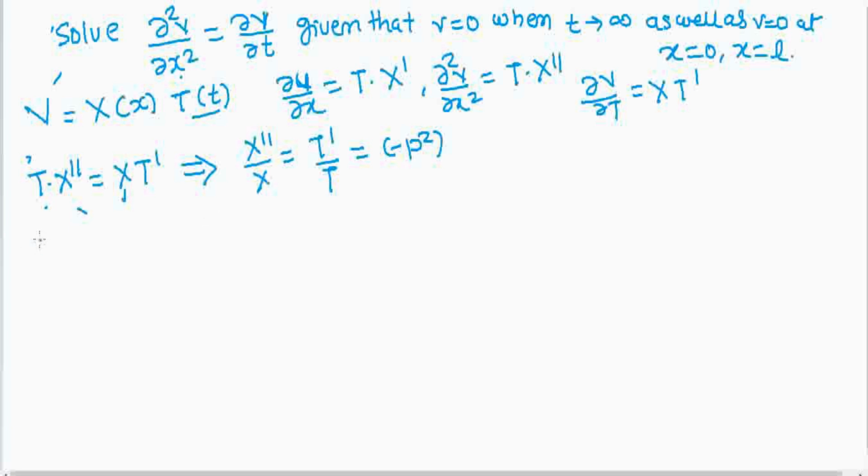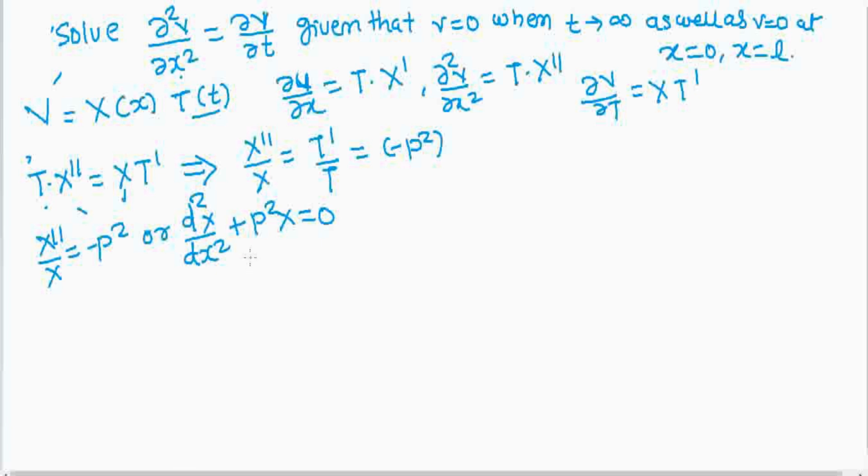Therefore, the first equation is X double dash divided by X equal to minus p square, or d2X by dx square plus p square X equal to 0.